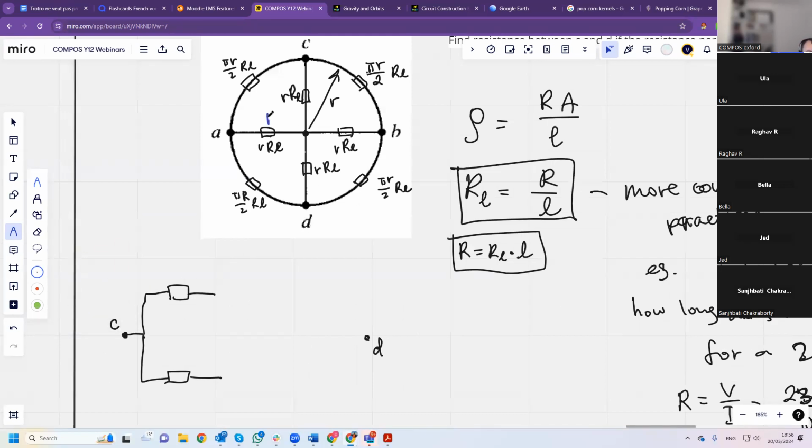Let's call this R1, and this we'll call R2. So I'm going to redraw this. So this is going to be R2, R2. Then there's a link, then there's another R2, and another R2.